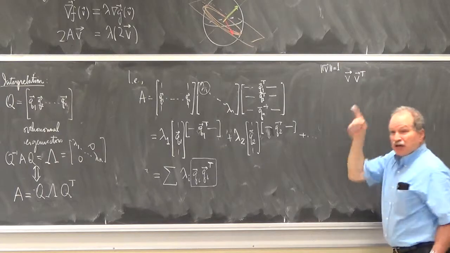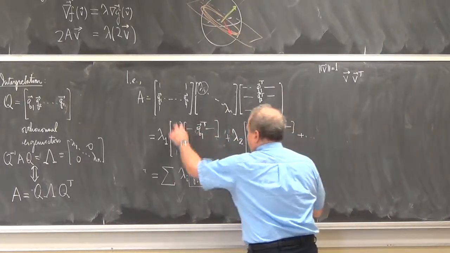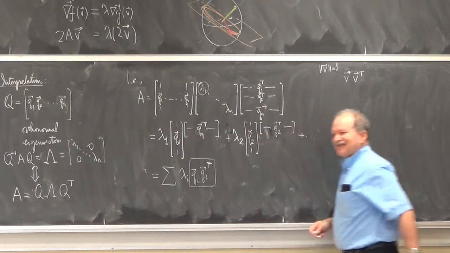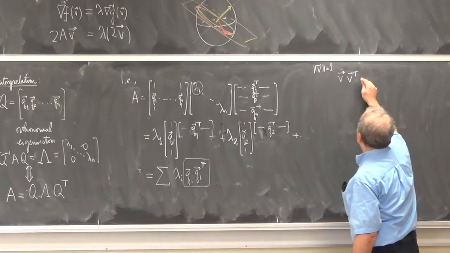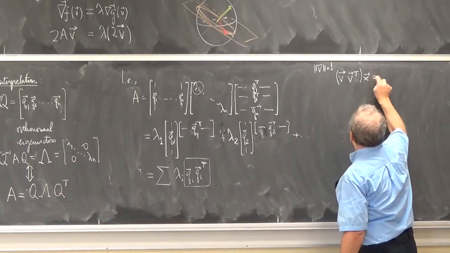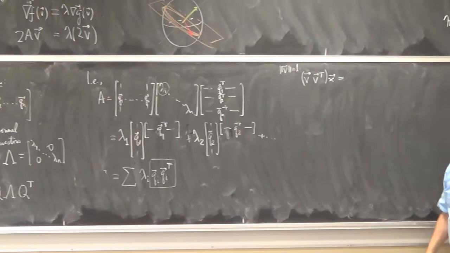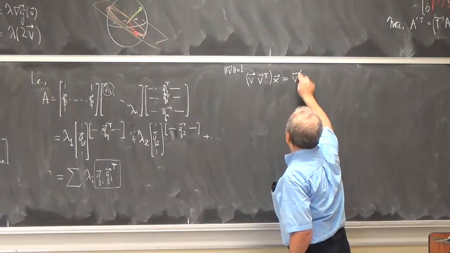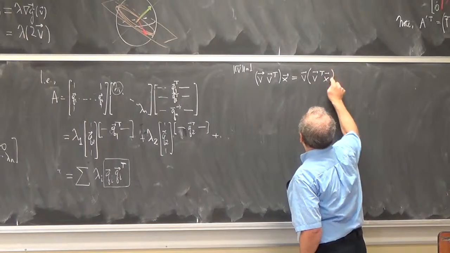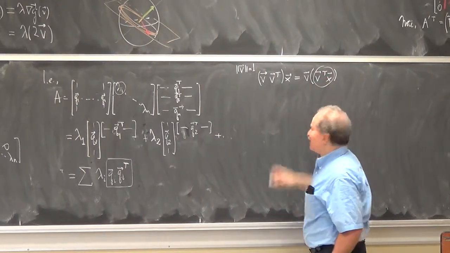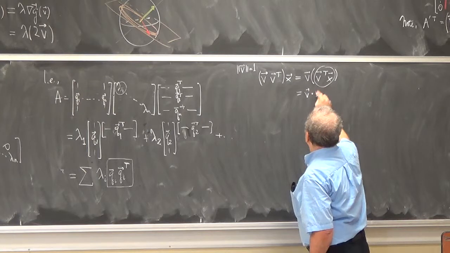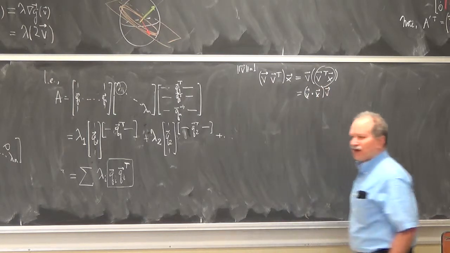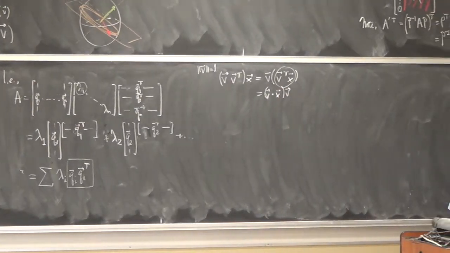That's an n by n matrix, right? N rows, n columns. Let's see what happens if you multiply it by x. It becomes a dot product times, this is the dot product, and then you're multiplying it by the unit vector v. What are you doing when you're doing that?